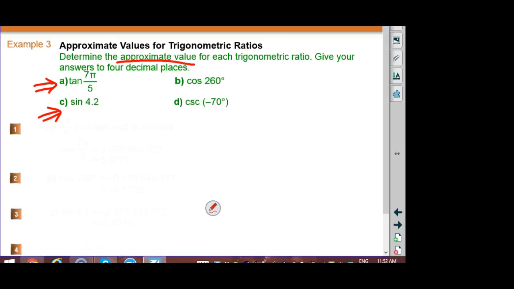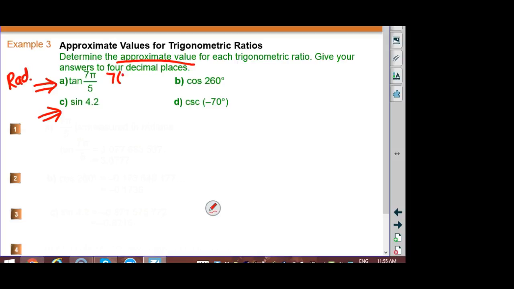Okay, I'm going to press pause while we figure out how to switch them to radians, and then we'll do these 2 questions. Now that we've switched the mode of our calculator, we're in radians for these 2 questions. Then all you have to do is simple calculations.